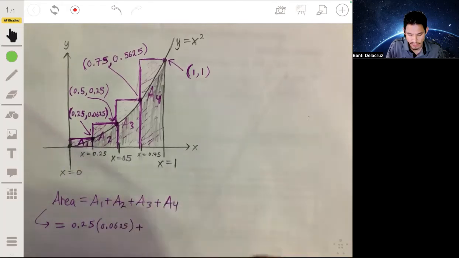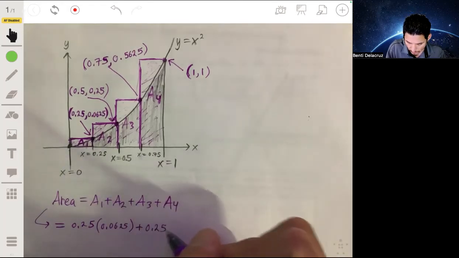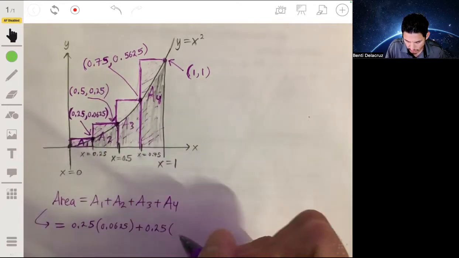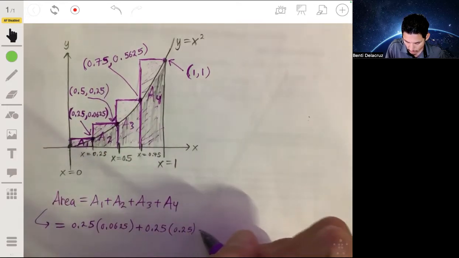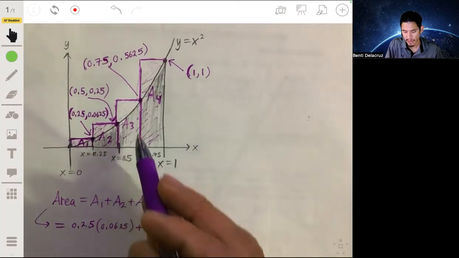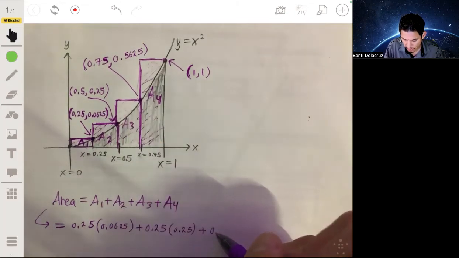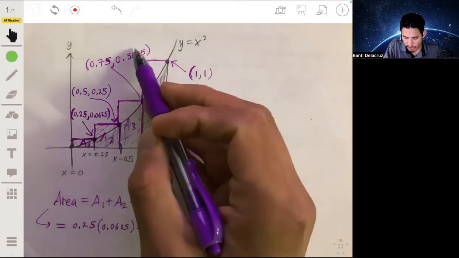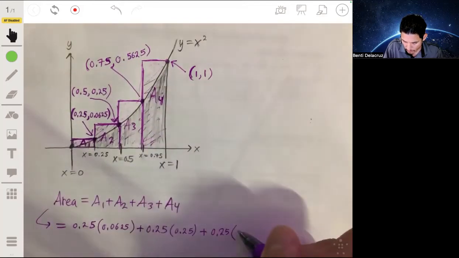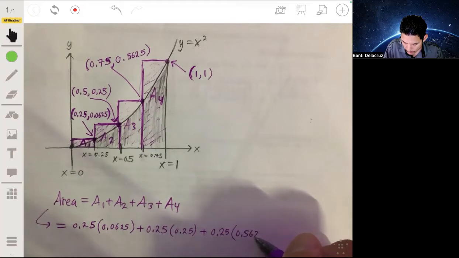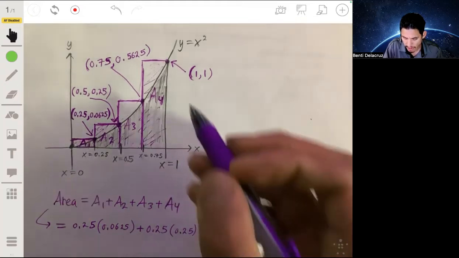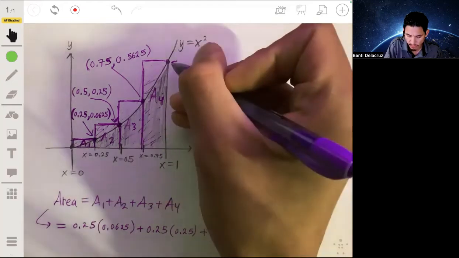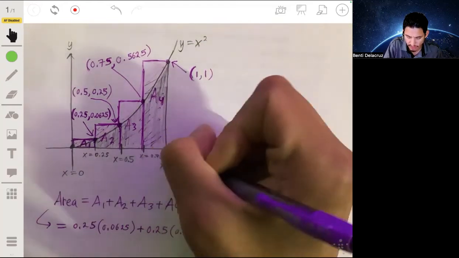For A2, the width again is 0.25. The height will be the y-coordinate of this point, which is also 0.25. The area of A3 will have a width of 0.25, a height of 0.5625, and A4 will have a width of 0.25 and, I'm sorry, a height of 1.